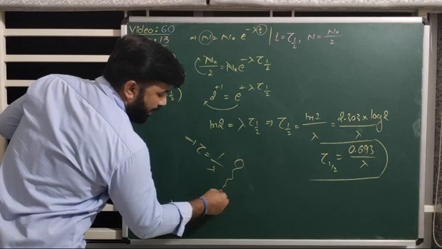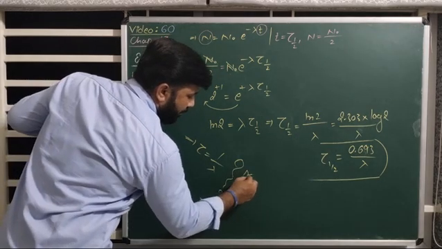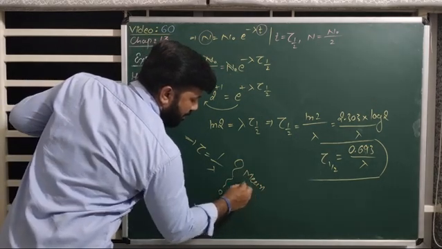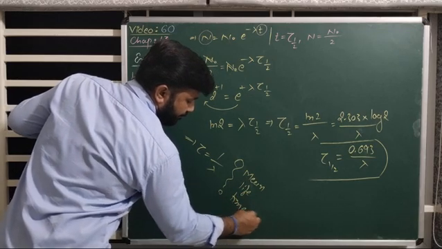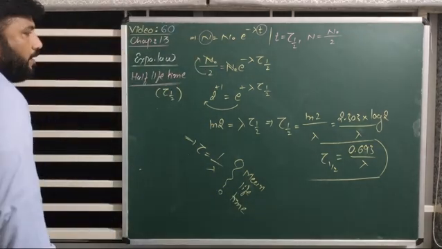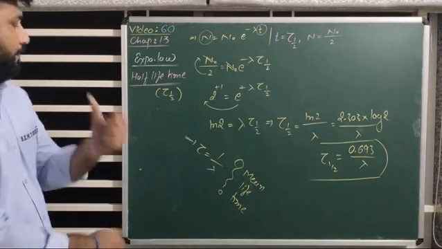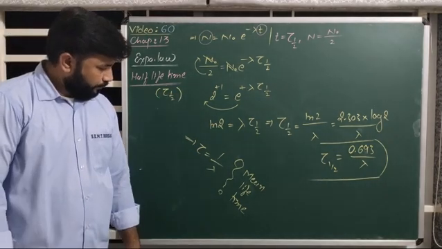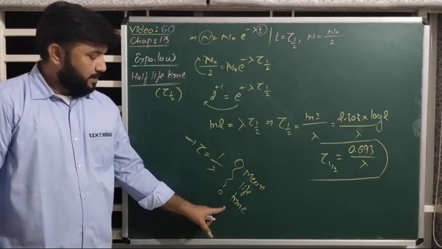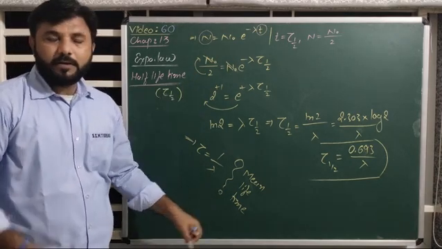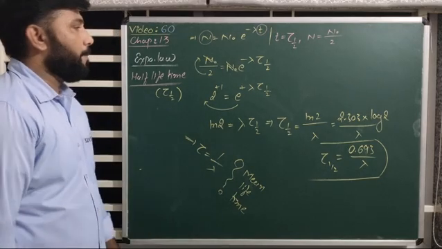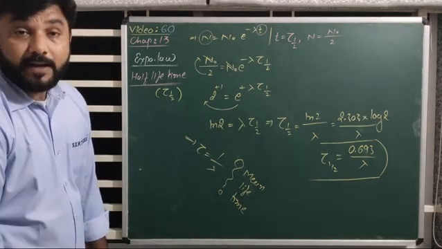From where are you getting it? It is nothing but the mean lifetime. Clear? Have a look. How will we get this mean lifetime? From here, we are making a small correction only. Which correction?